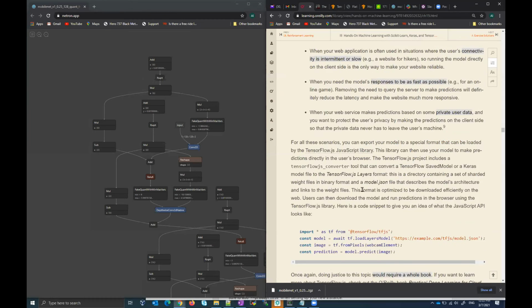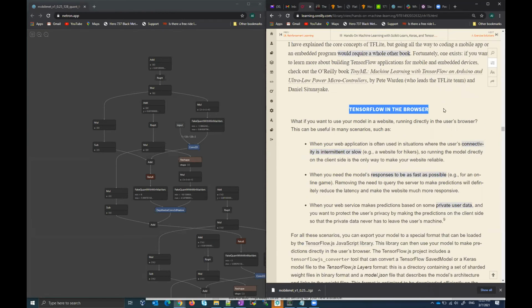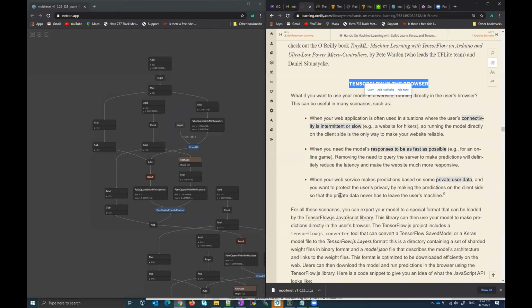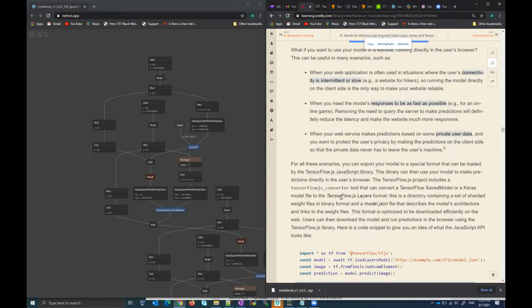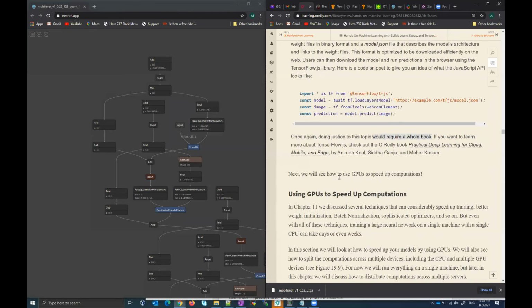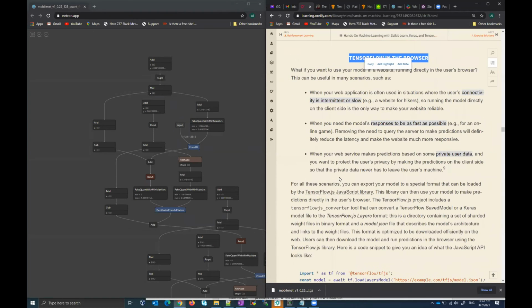Has anybody used TensorFlow in the browser? No? Okay. Yep. I have used it. I tried a couple of examples too. Yeah, it's kind of cool.